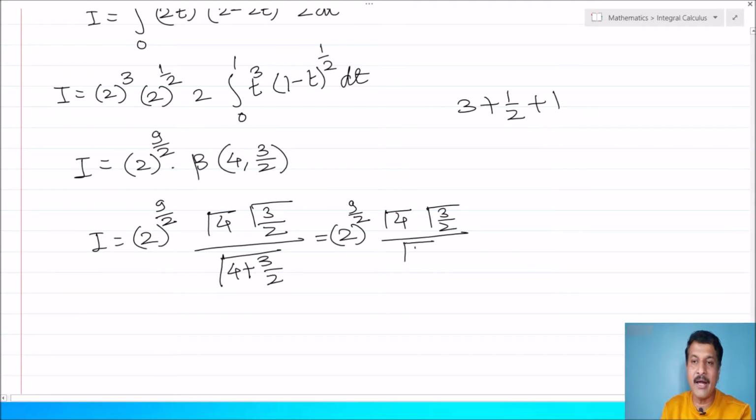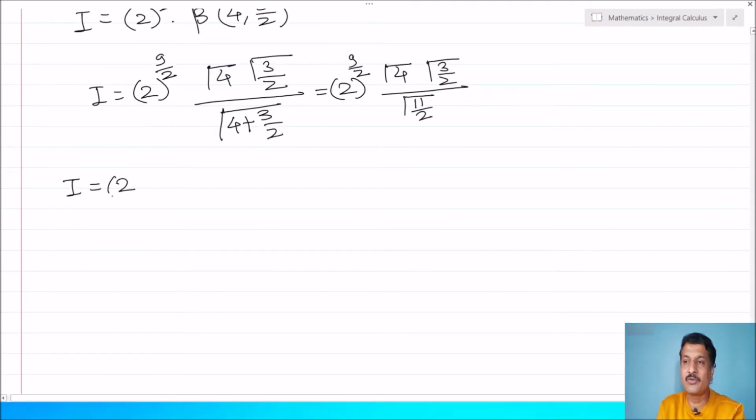It is gamma 11 by 2. I equal to 2 raised to 9 by 2. This gamma 4 means 3 factorial. Gamma 3 by 2 means 1 by 2 into root pi, upon gamma 11 by 2.